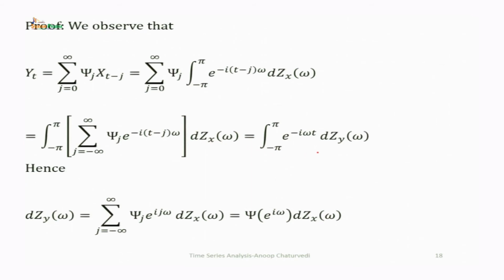And if you use the spectral representation of y t, it gives you y t equal to integral e to the minus I omega t d z y omega. Then we compare these two expressions, and you observe that d z y omega is equal to summation over j psi j e to the I j omega d z x omega, or you can write it as psi e to the I omega d z x omega.